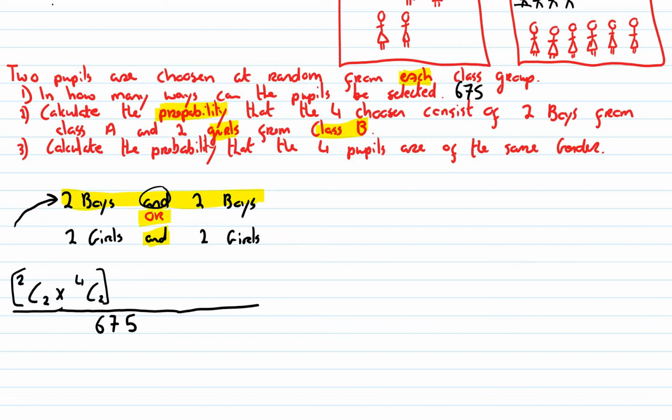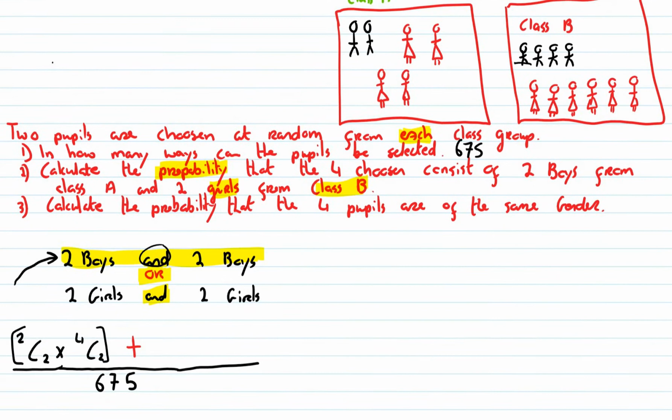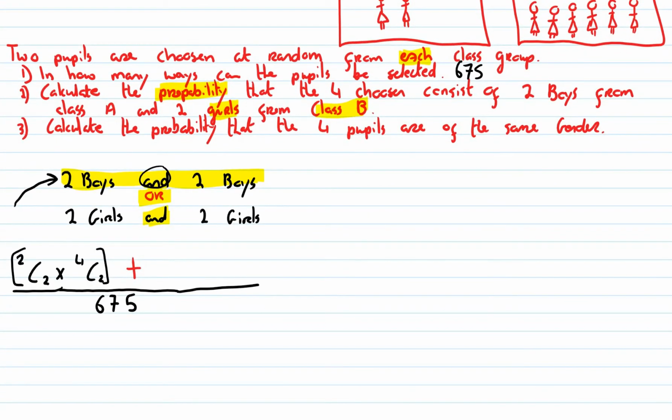Or means plus in probability. And now we're going to deal with the 2 girls and 2 girls. So choosing 2 girls for the first class, class A, there are 4 girls, and I have to choose 2. And then in the next class there are 6 of them, and I have to choose 2.